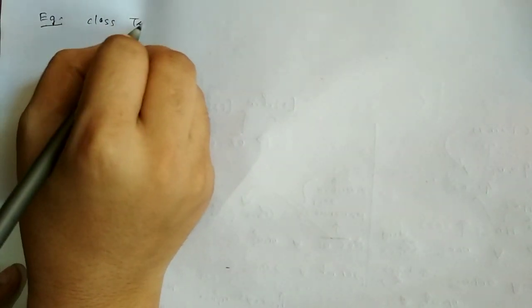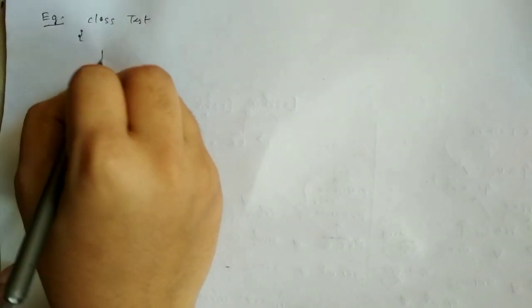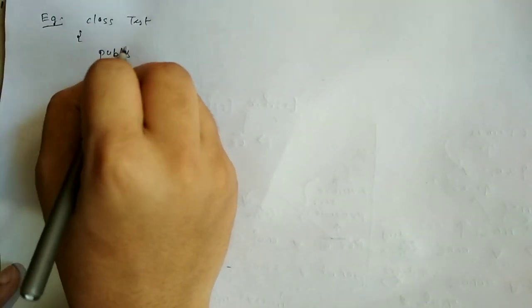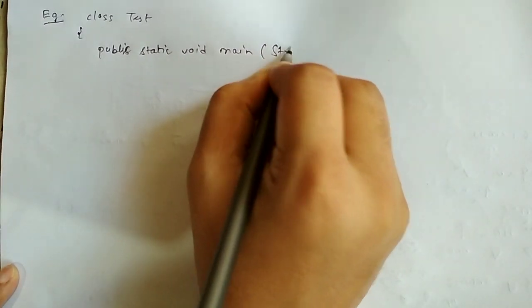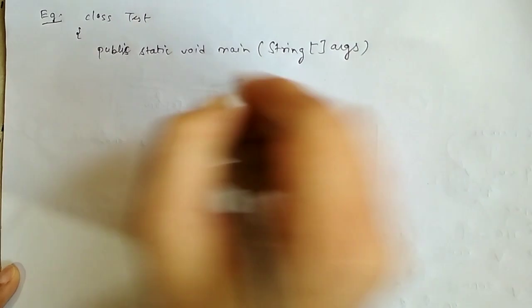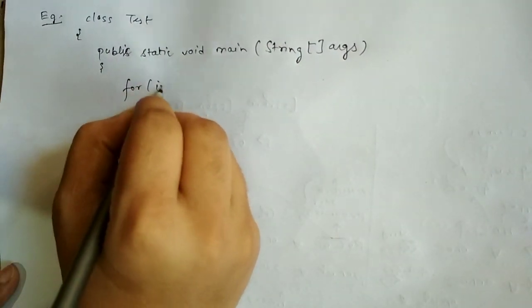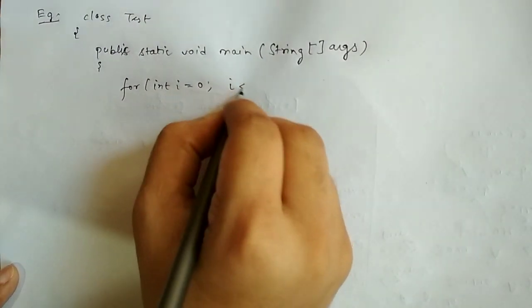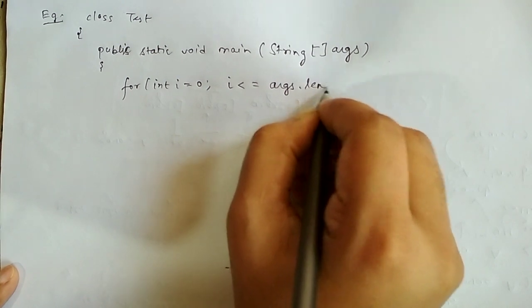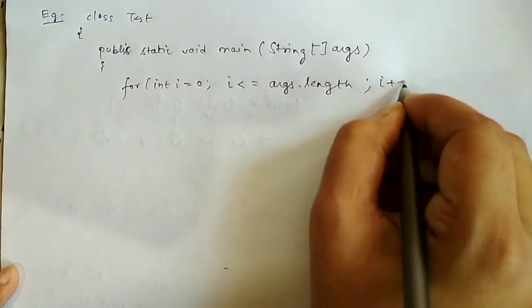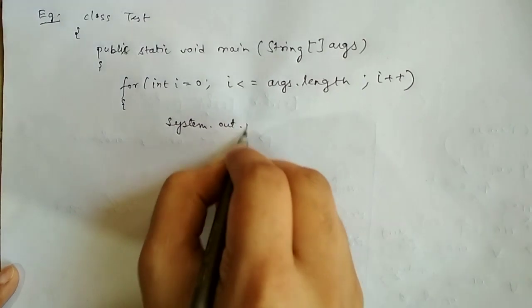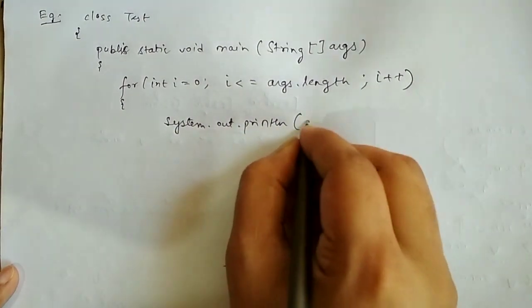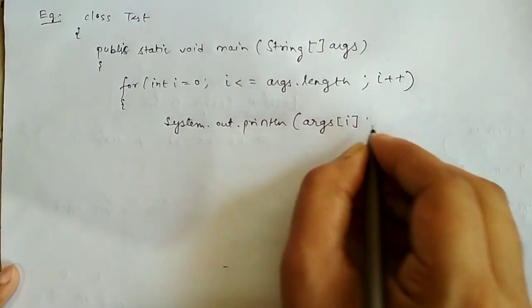Let's take class Test, public static void main String args, and then for int i = 0; i <= args.length; i++, System.out.println(args[i]).